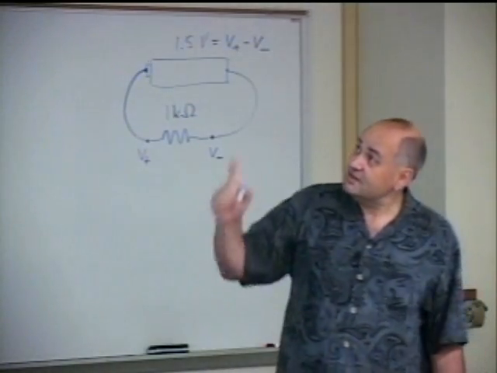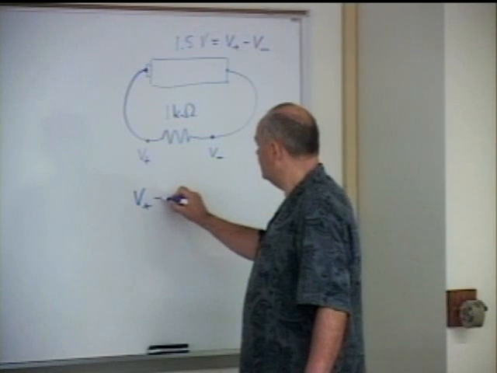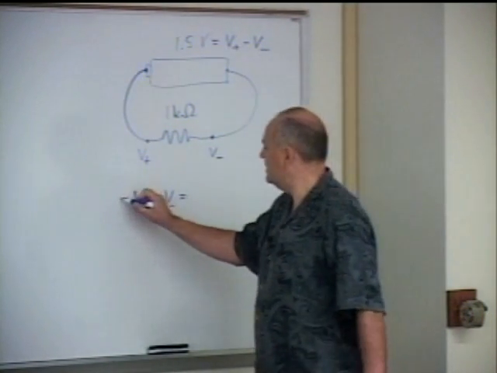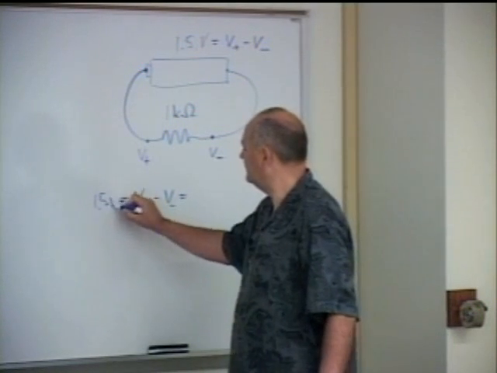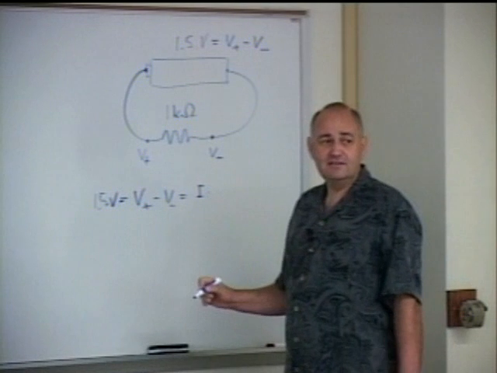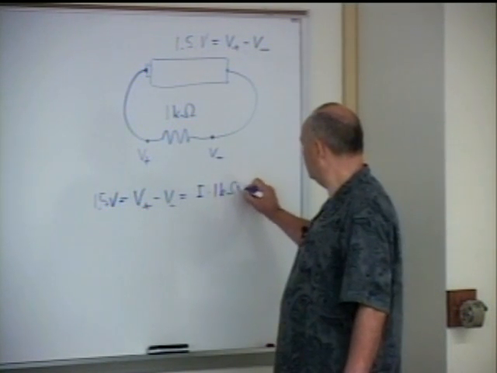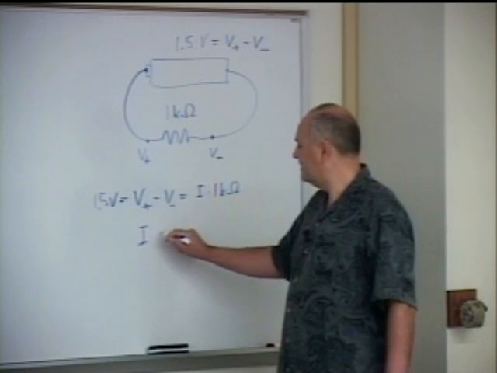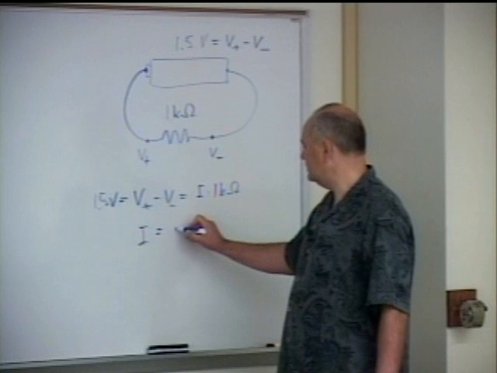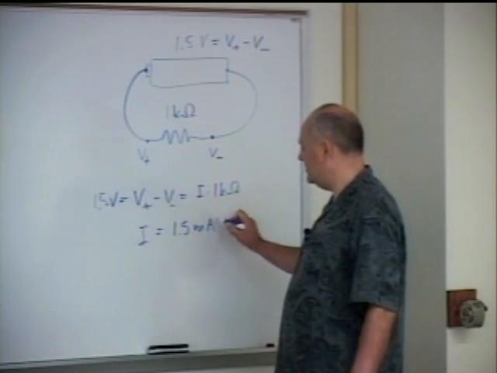Consistently with that formula, I can write down that V plus minus V minus, which is 1.5 volts, is equal to the unknown current multiplied by 1 kilo ohm. And from this, I find that the current is going to be 1.5 milliamperes.